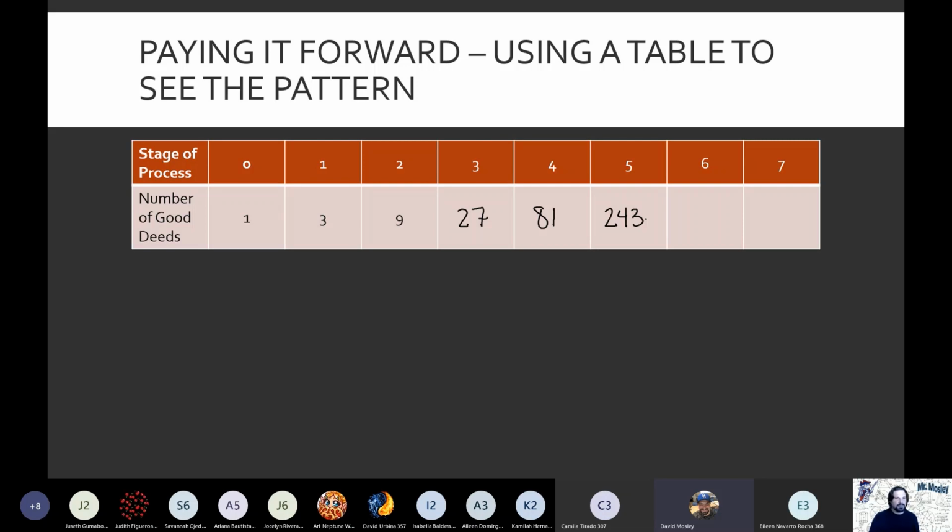Yep, 729. I think Ariana found the pattern. And the last one on our table here, seventh stage. Yes, 2,187.